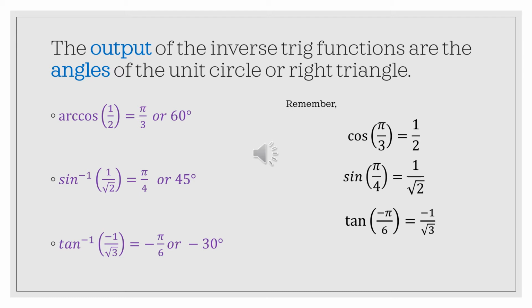Arc tangent or inverse tangent of -1 over the square root of 3 is negative pi over 6 or negative 30 degrees. And that's because cosine of pi over 3 was 1/2. Sine of the angle pi over 4 was 1 over the square root of 2. Tangent of negative pi over 6 is equal to negative 1 over the square root of 3. So notice my domain and range, my inputs and outputs, have been swapped.